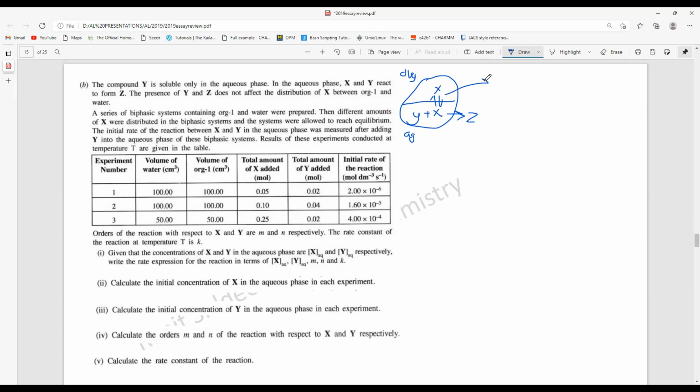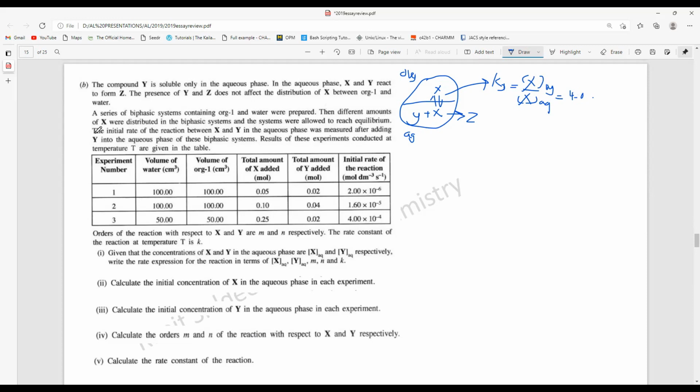That means the Kd between X in organic over X in aqueous is still going to remain at 4.0, no problem, at that particular temperature. Okay. A series of biphasic systems containing organic and water was prepared.